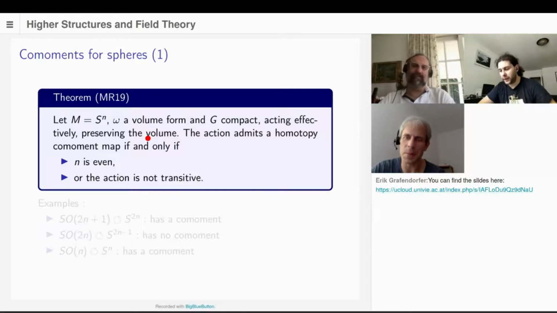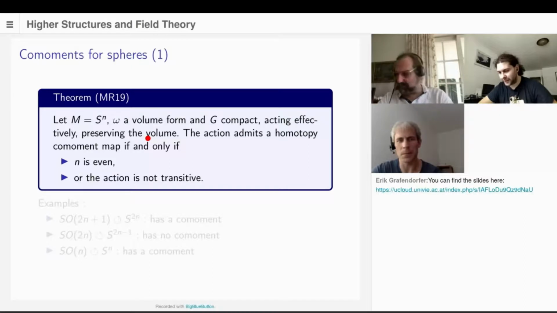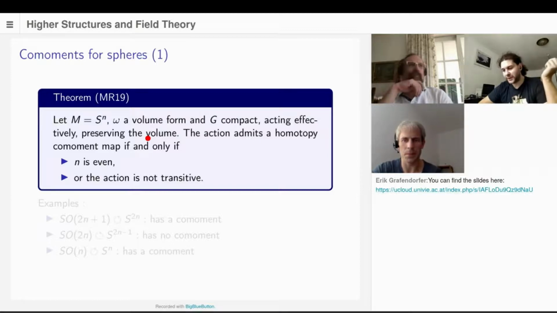We have concentrated on compact Lie groups, so the above theorem is applicable, which act effectively, preserving the volume. The effectiveness of the action, I think, is a technical condition that at some point we might get rid of. And we have proven that an action of a group that preserves the volume admits a homotopy comoment if and only if n is even or the action is not transitive.